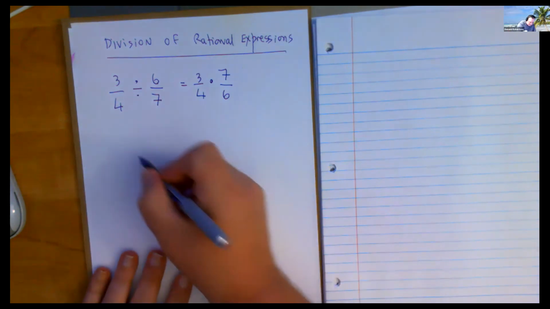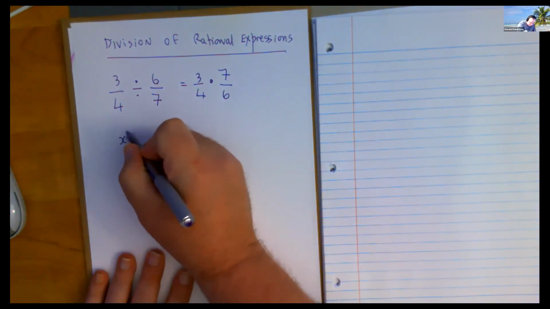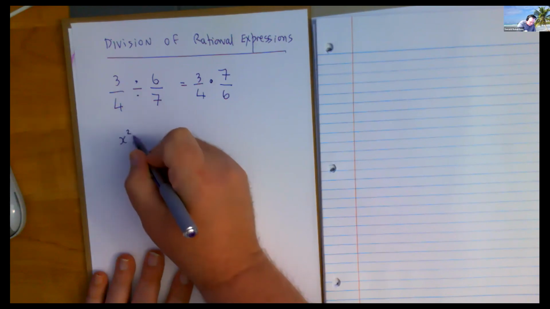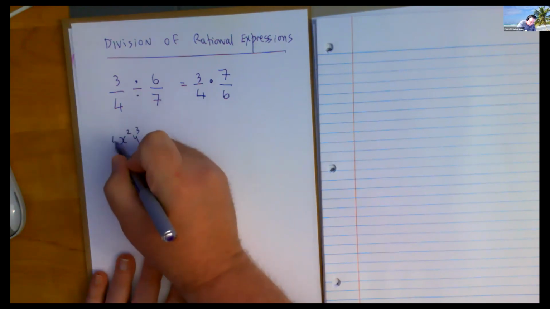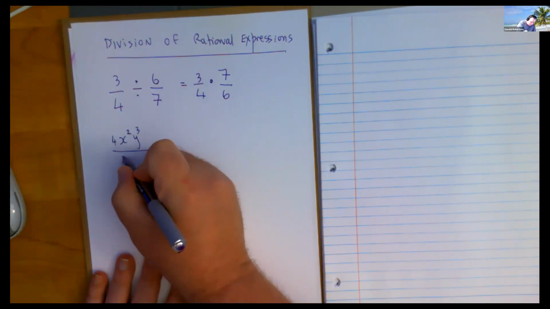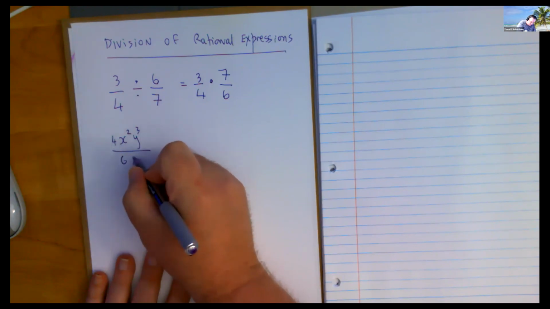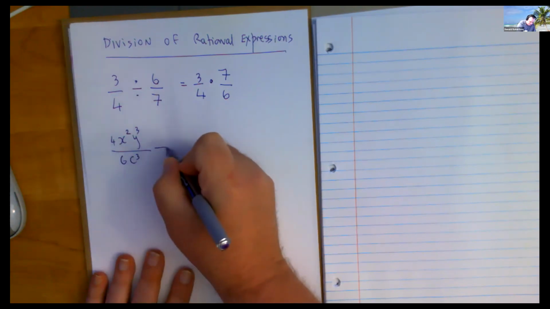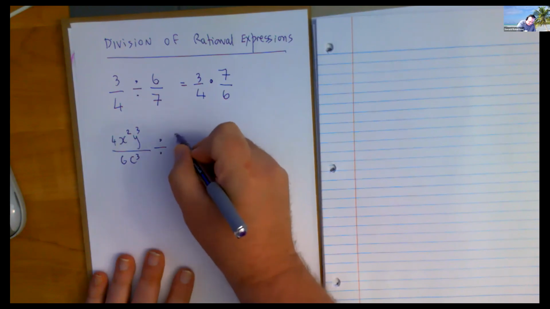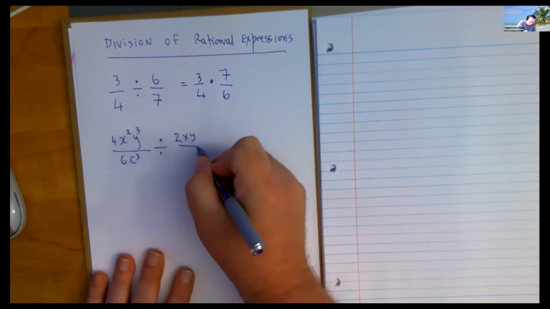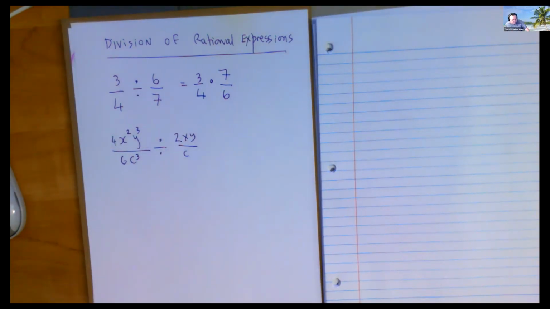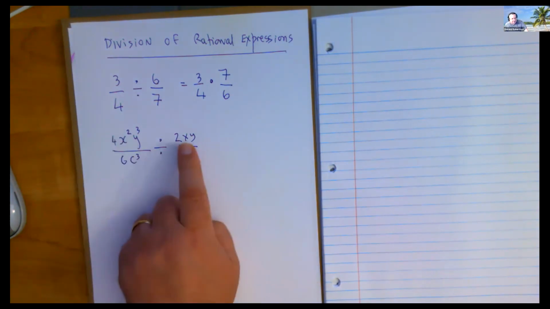So, if it was x squared y cubed over 6c cubed, and it was going to be divided by 2xy over c. Right? So imagine we're going to take this and divide it by that.